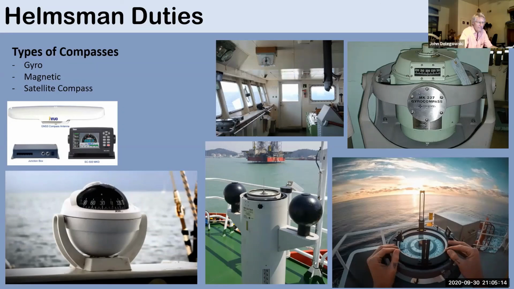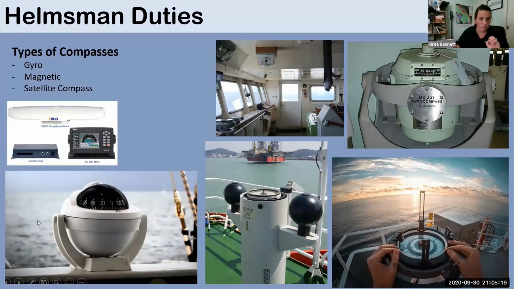Again, using like the bubble compass, which is what most of the recreational boats are going to have, over on the left, that's going to be very hard to do, practically impossible. You're either going to be using a handheld compass, or you would actually turn the boat to be dead ahead, pointing at whatever you want to get your bearing off of. And then your deviation would be for that bearing.